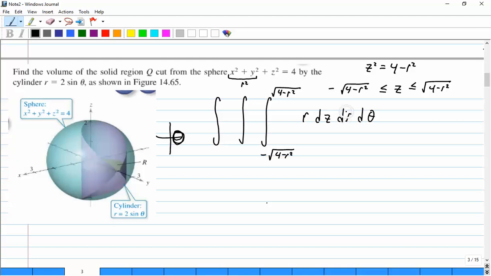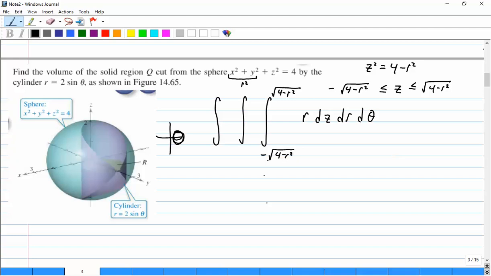So if I'm bounding my r, it's not going to have a z in there. My r is going to be bound in terms of whatever variable is left, theta. Well, we have r equals 2 sine theta. What does that look like? If you graph r equals 2 sine theta in cylindrical or in polar, is it not just a circle?